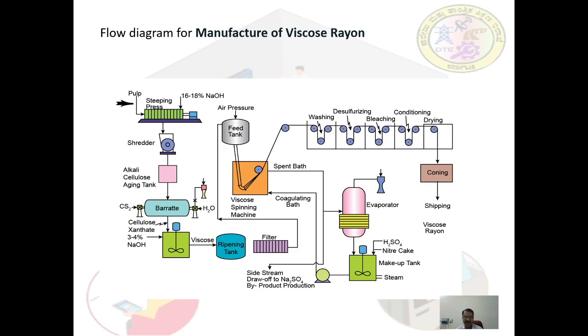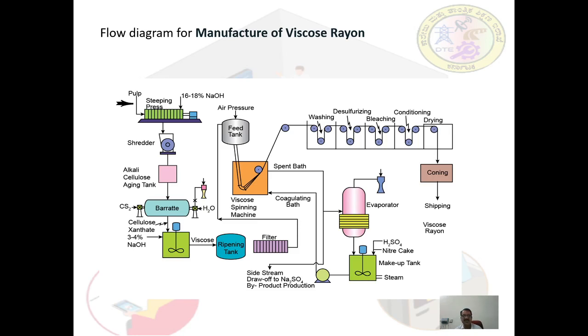The processing treatments of washing, desulfurizing, bleaching and conditioning take place continuously, and in order, after the filaments are wound on a series of plastic rolls.